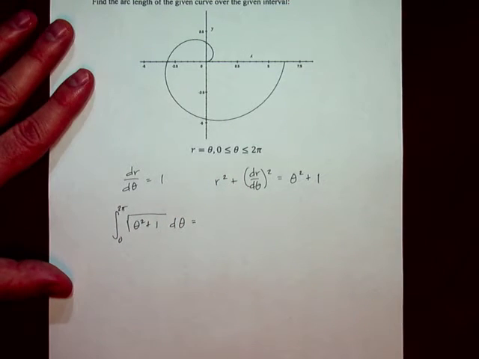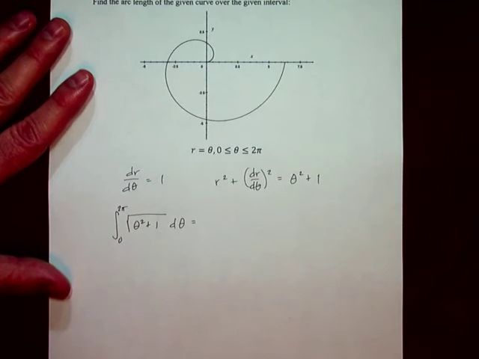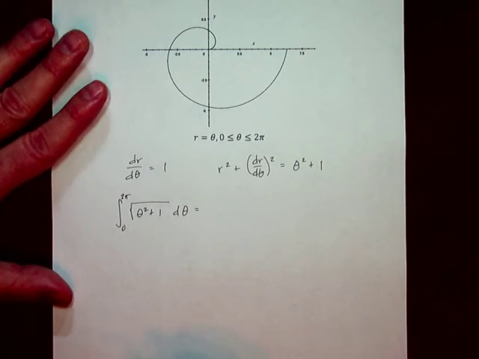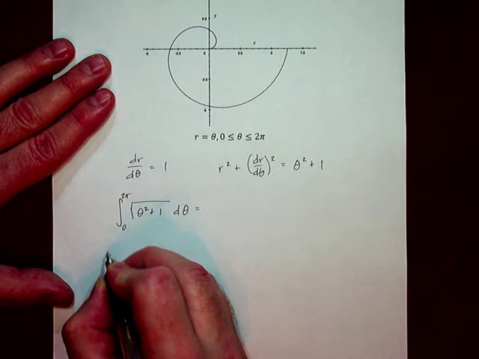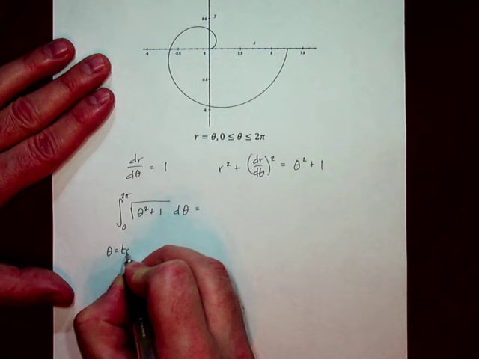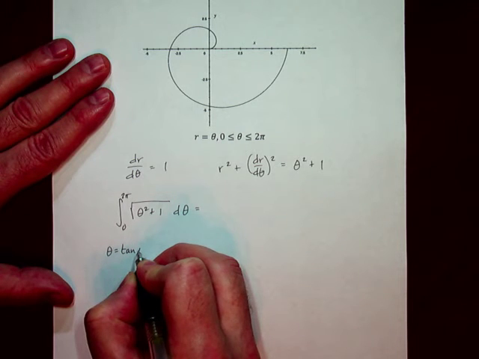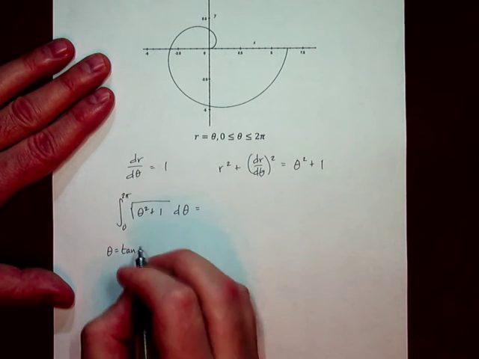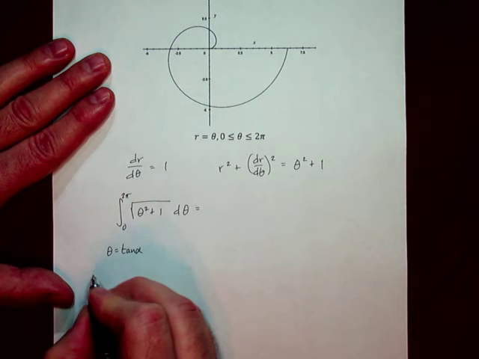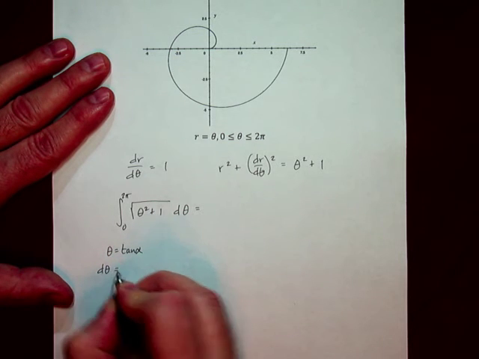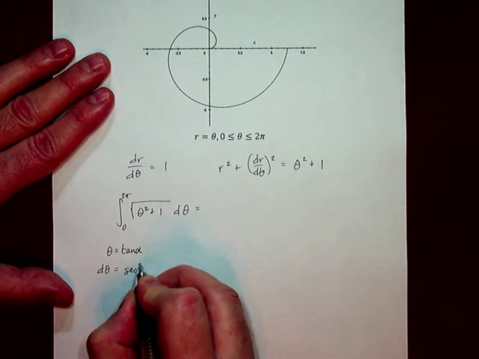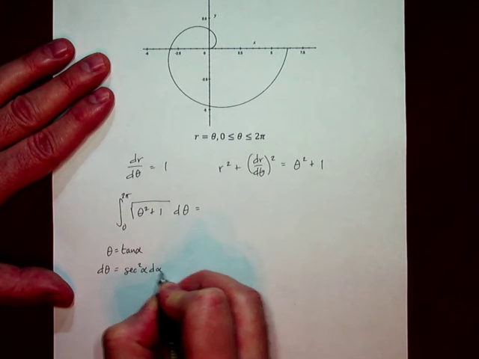And I could plop it into my calculator, or I could do it by trig sub, right? And if I did it by trig sub, I would say theta is equal to tangent of, and we'll call it alpha. And basically d theta winds up being secant squared alpha d alpha.